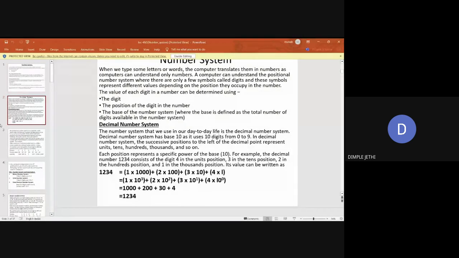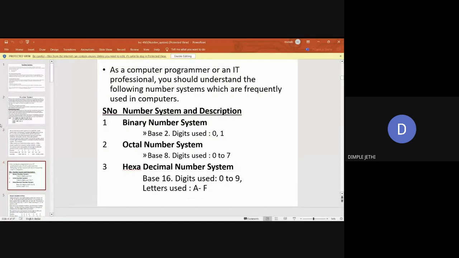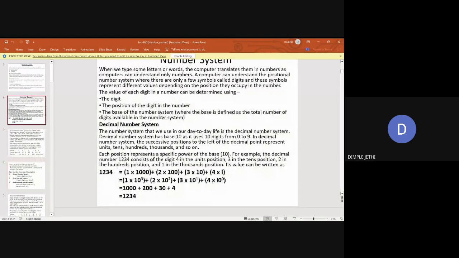We use the decimal number system, and the base of that number system is 10, right? If we use the binary number system, 0 and 1, what is the base of that number system? 2, because there only two digits are used, 0 and 1. In decimal we use 10 digits. Which 10 digits do we use? 0 to 9. Okay, getting it? So there are 10 digits.